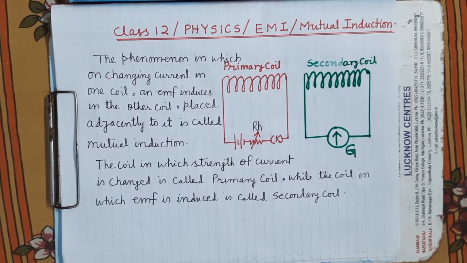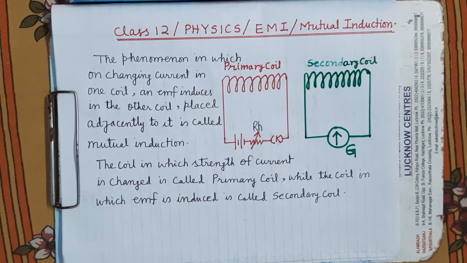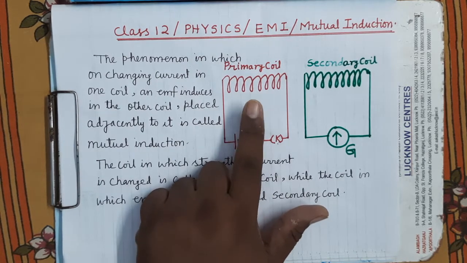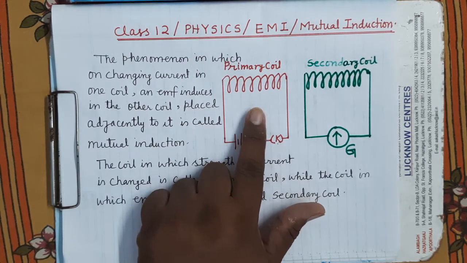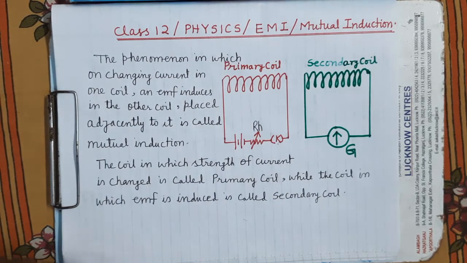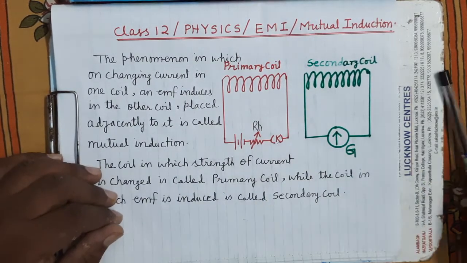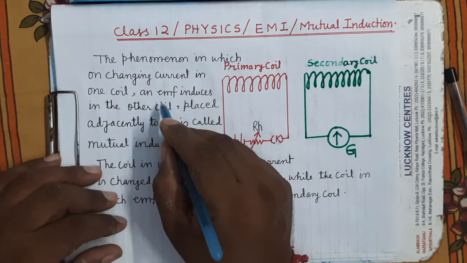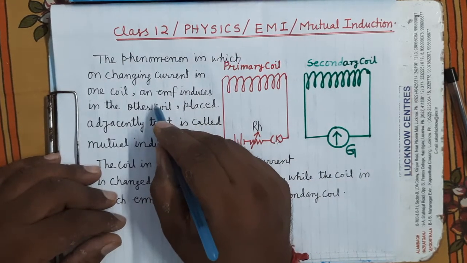This is one more very important phenomenon of electromagnetic induction, on which the transformer and induction coils are based. When you change the strength of current in this coil, what will happen? Its magnetic strength changes, which means the number of magnetic lines of force it creates will change.